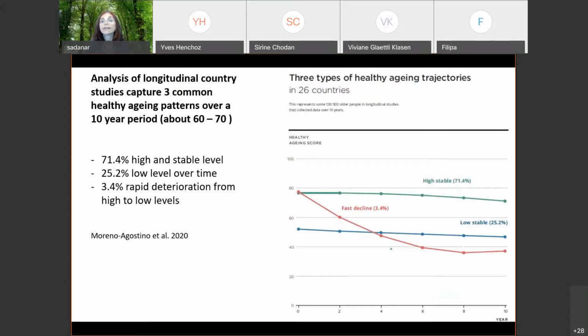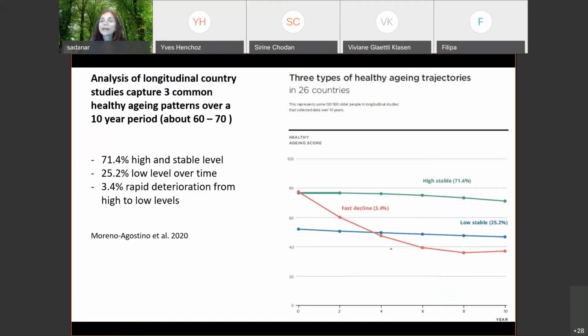A little more than 70% of older people were in a high and stable trajectory. The data they used combines information on intrinsic capacity and functional ability, and they came up with 1 score as their healthy aging score.